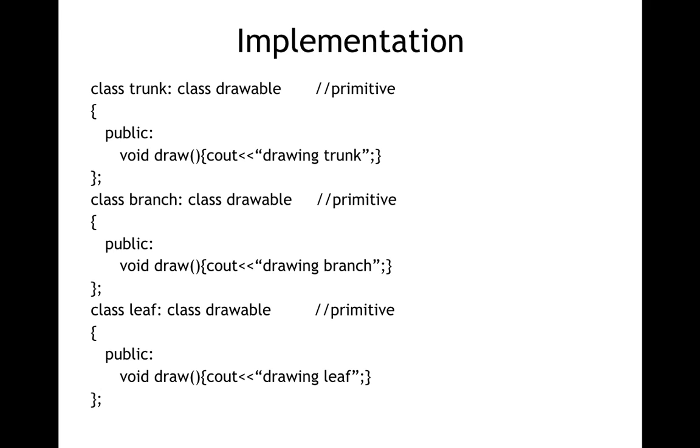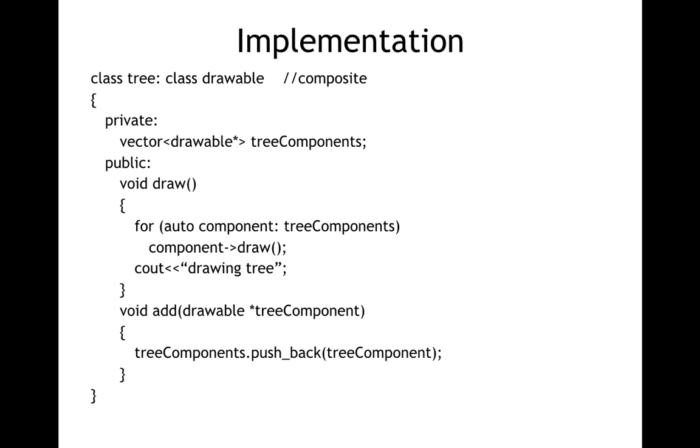Similarly, for tree, trunk, branch, and leaf are my primitive classes. Each of them would have a separate definition for draw. So trunk, branch, and leaf would have their own draw methods, and tree would be a composite class containing trunk, leaves, and branches. In its draw operation, it will call draw on each of its components.